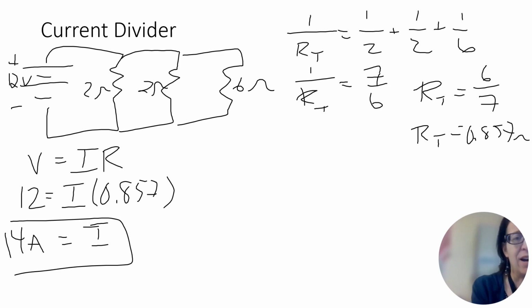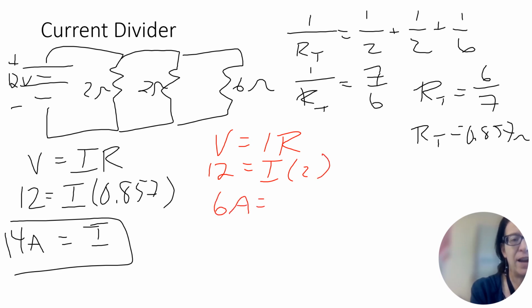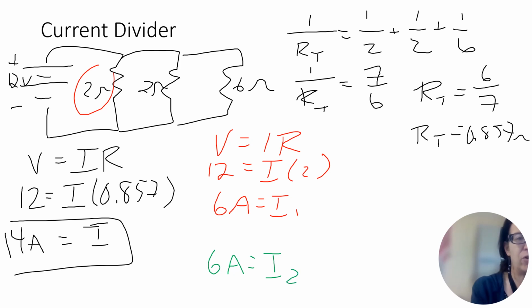So it's been a long day. So Ohm's law, we've got 12 volts over 2 ohms. So that means we have 6 amps through the first branch. We would have 6 amps through the second branch.